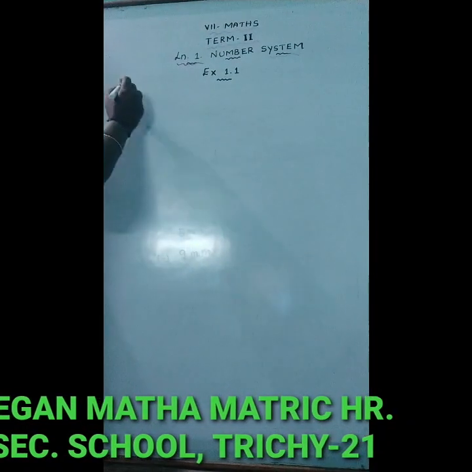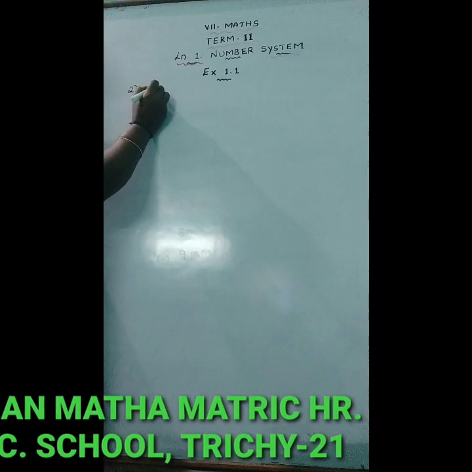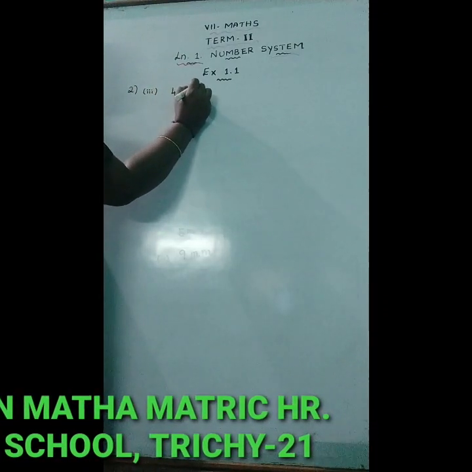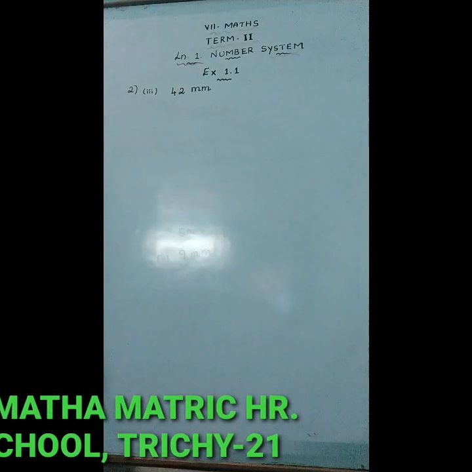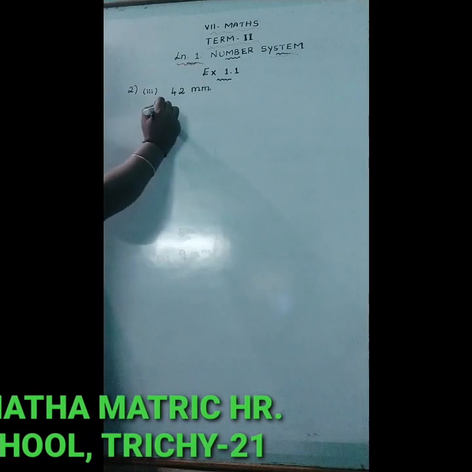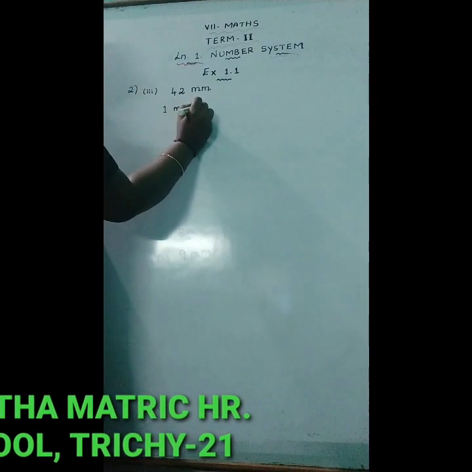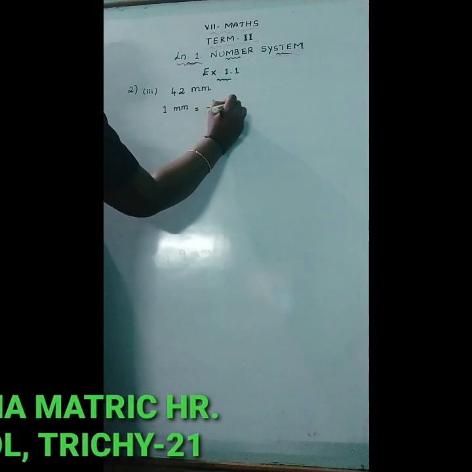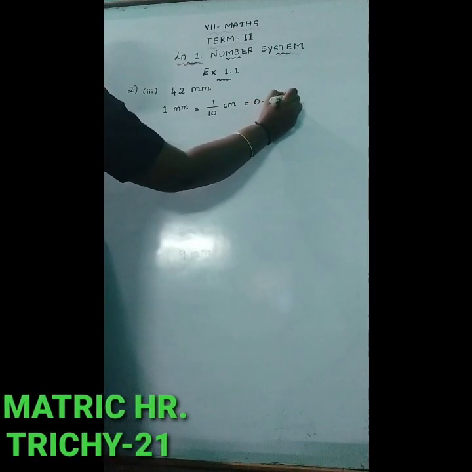The third subdivision is given 42 millimeter. We change 42 millimeter into centimeter. Already we know 1 millimeter is equal to 1 divided by 10 centimeter, that is 0.1 centimeter.